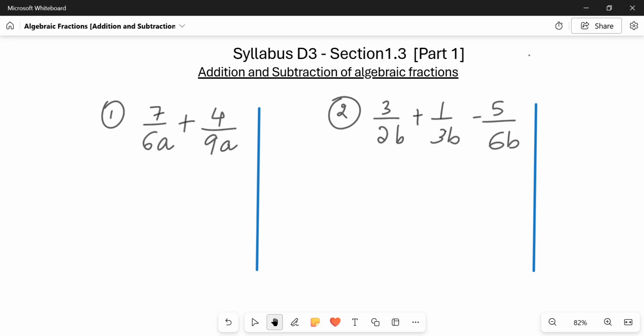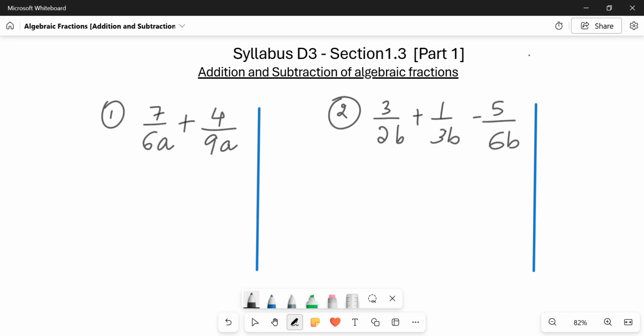You can do it with the multiplication way as well, like it's written 6a and 9a, so you just multiply with each other. 6 into 9 gives you 54, and a, there's a single a in one fraction and a single a in another fraction. You take one single a common, but I'm going to explain with the help of the LCM method, right?